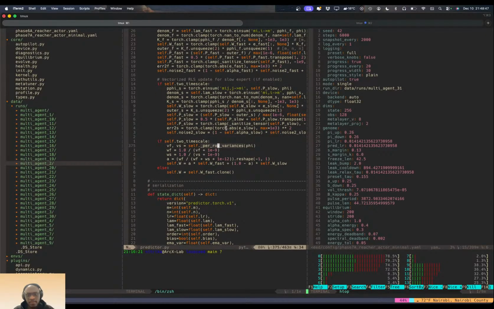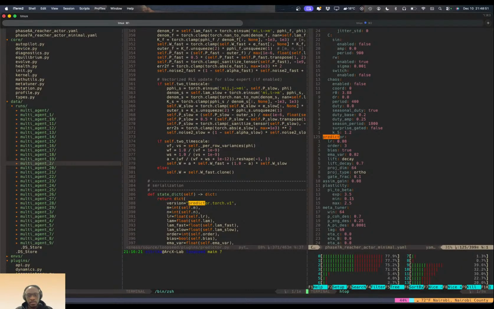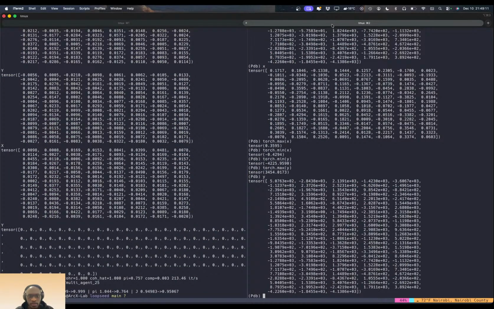Okay, let's try this. Reduce the learning rate. I don't know, let's try 0.3. Sure. Let's try 0.03 and see what happens.